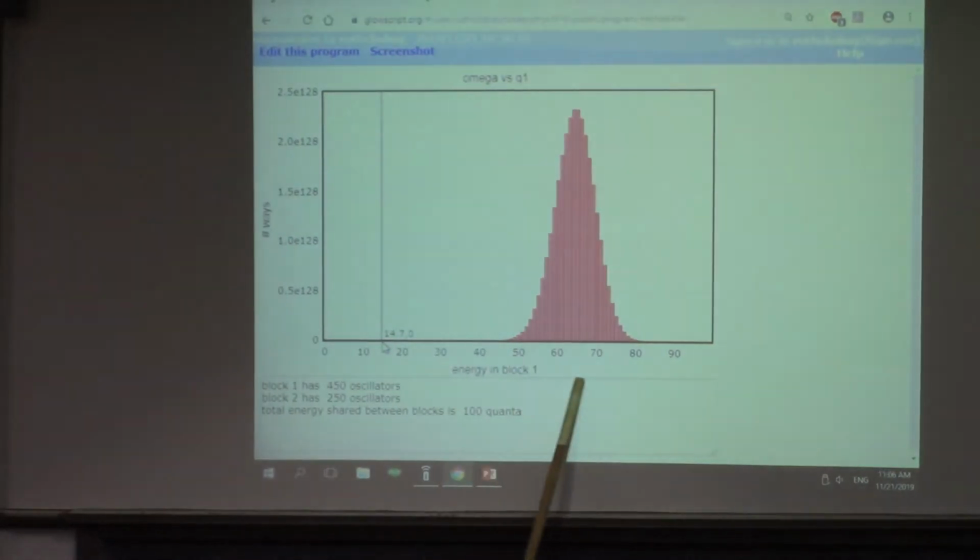So this axis is basically macrostates. It's the amount of energy in block 1. And in this case, block 1 has 450 oscillators, and block 2 has 250 oscillators, so it's smaller.